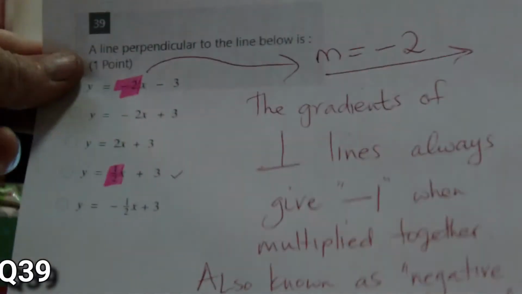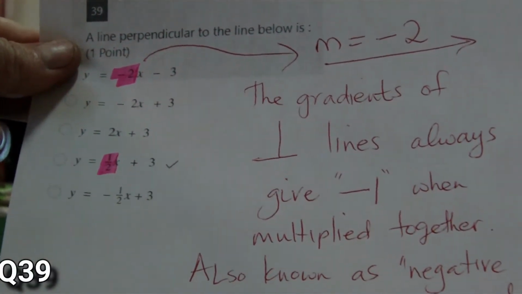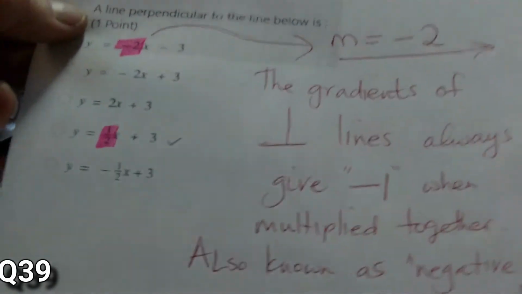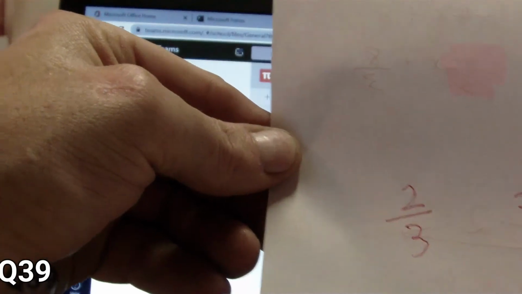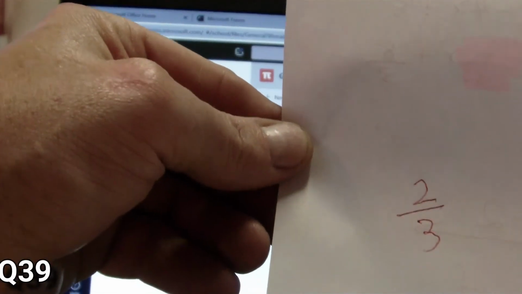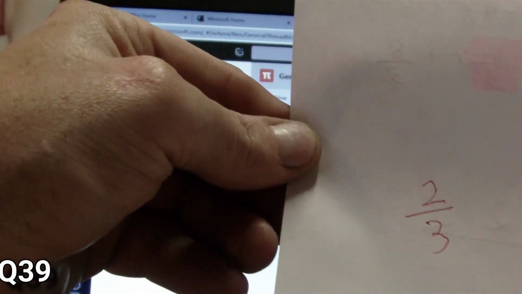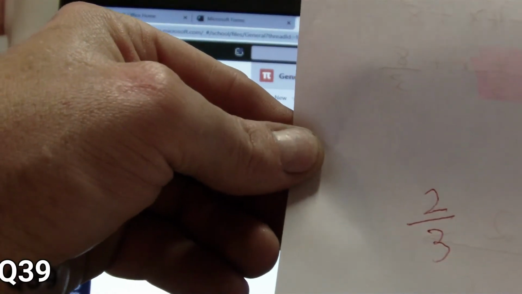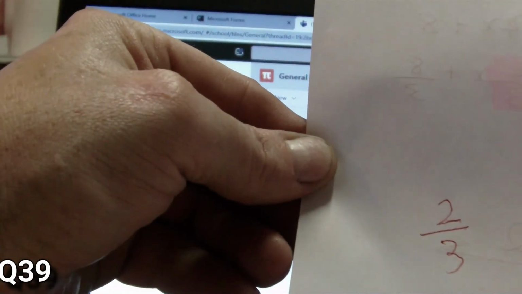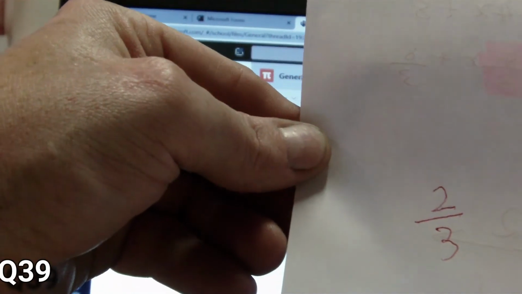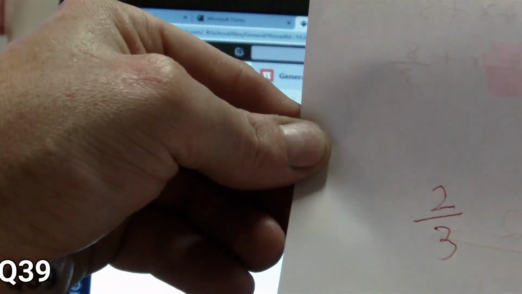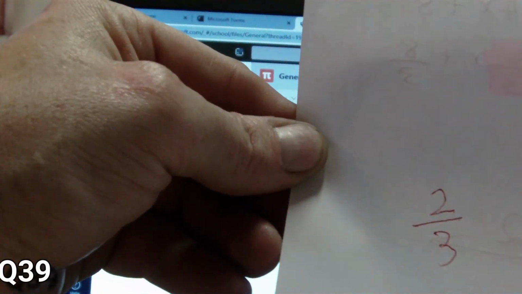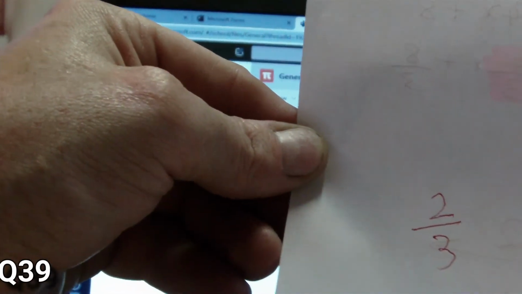Number 39. A line perpendicular to the line below. Okay, let me give you a quick lesson on perpendicular lines. If that is the gradient of one line, then the gradient of another line perpendicular to this one will be this. You take that fraction, you flip it upside down, and you change the sign.